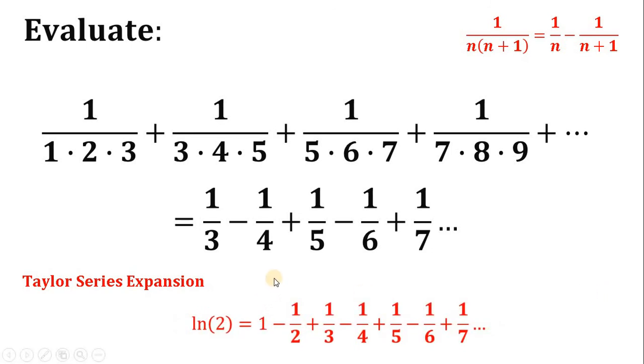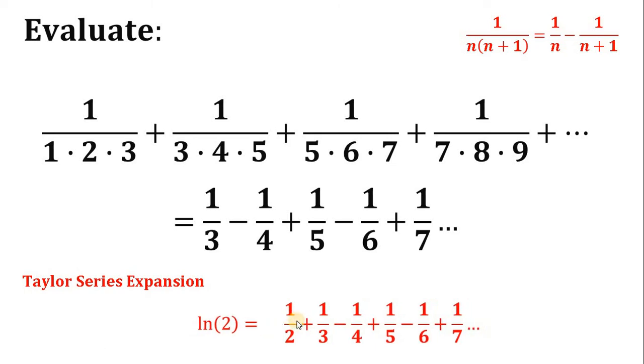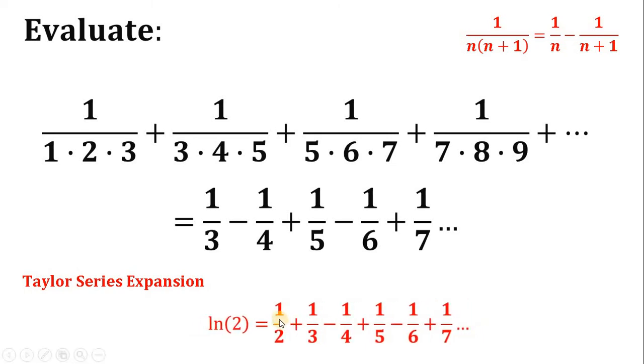And now, take a look at this. We have 1/3, negative 1/4, negative 1/4, 1/5, positive 1/5, negative 1/6, negative 1/6, positive 1 over 7, positive 1/7, and so on and so forth. So, to get this value, what we're going to do is to simplify first. 1 minus 1/2 is just 1/2. And now, let's subtract 1/2 on both sides.